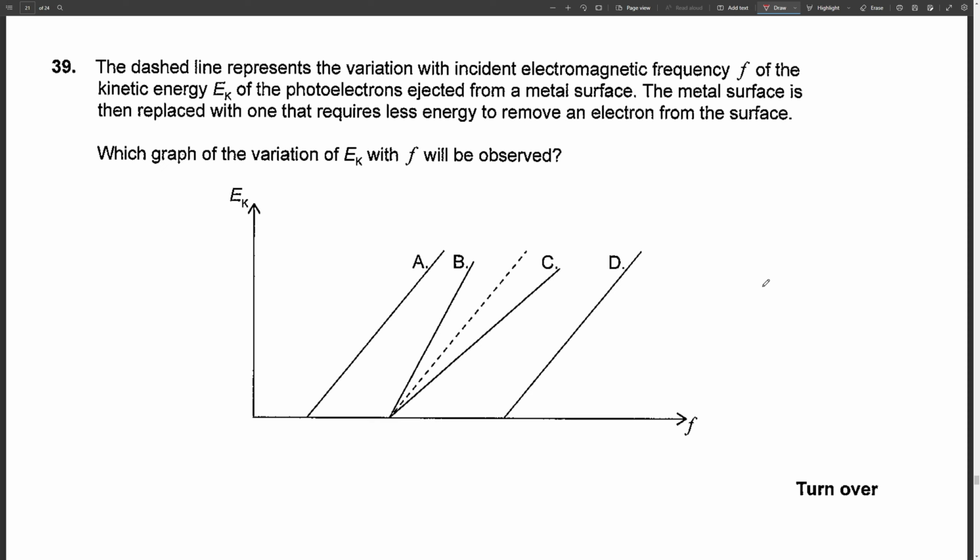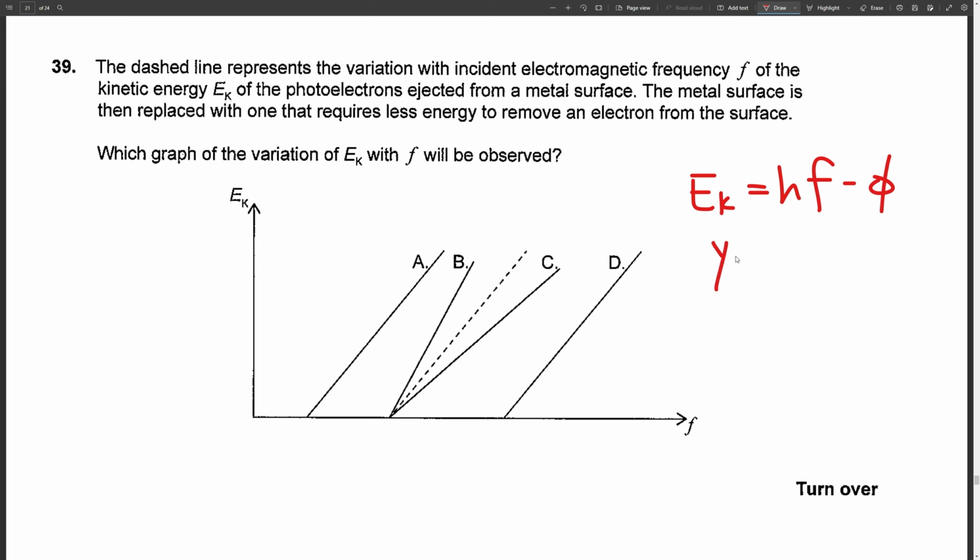Question 39 is a question of photoelectric effects. Photoelectric effects, usually we begin with this equation. This Greek letter is the work function of the metal. Ek is the kinetic energy of the photoelectron removed from the metal surface.